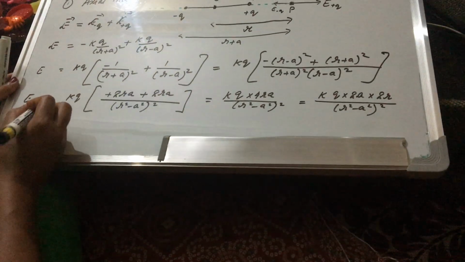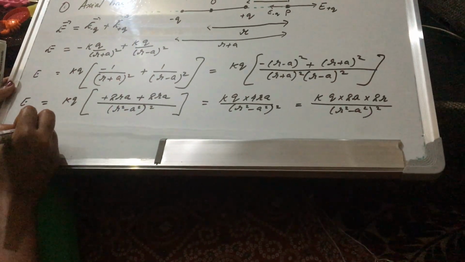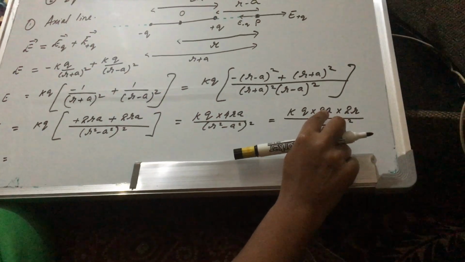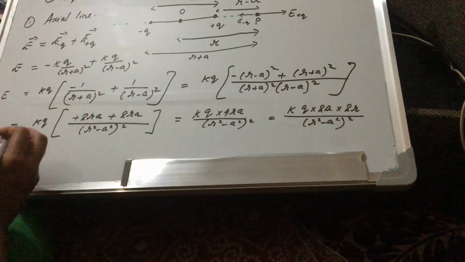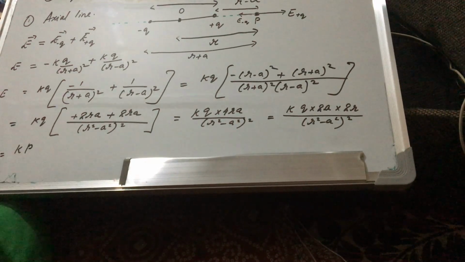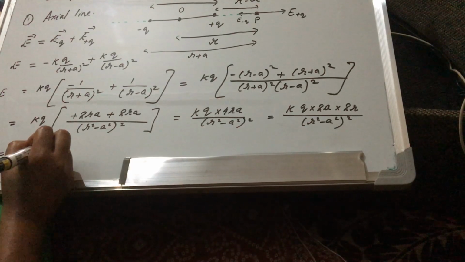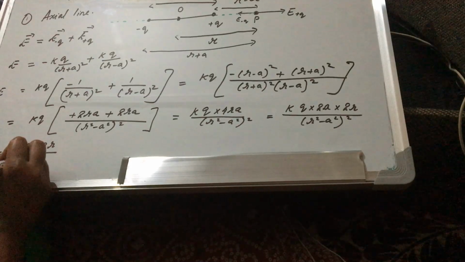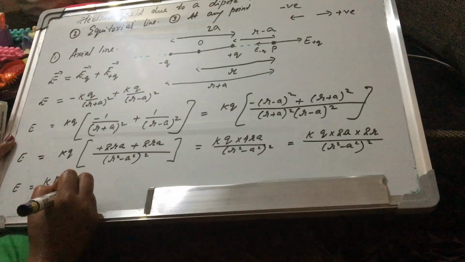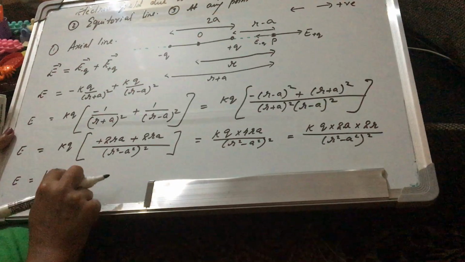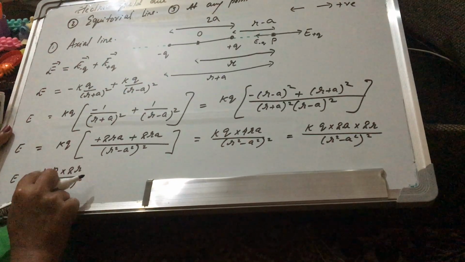Then E is equal to Q into 2A, which is what? The dipole moment, right? So this will be K P into 2R divided by (R square minus a square) whole square, right or not? 2RPK.